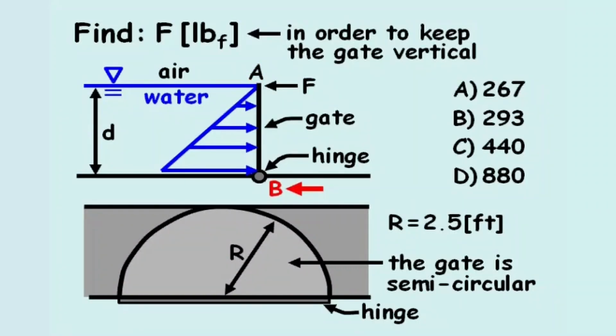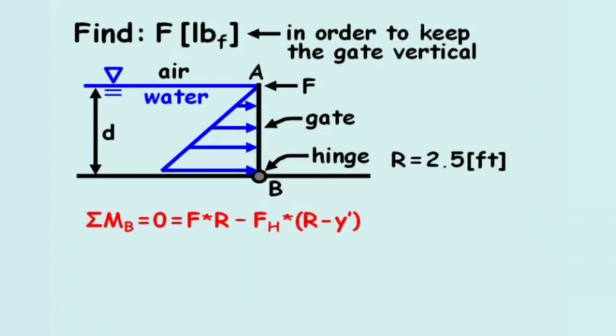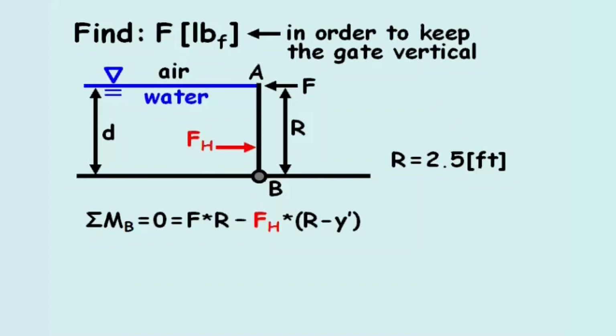If we set the sum of the moments about point B equal to 0, the moment in the counterclockwise direction is the force, F, times the radius of the gate, r. And the clockwise moment is the product of the magnitude of the hydrostatic force, Fh, acting on the gate at a distance of r minus y prime from the hinge of the gate.